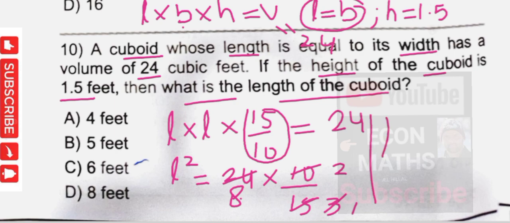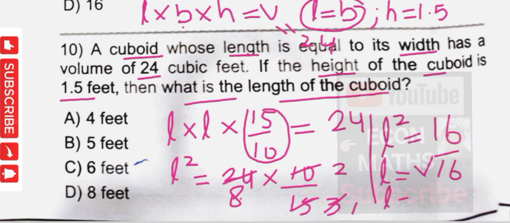So our L square is equal to 16, or our L is equal to under root of 16. We are taking the positive root here because length cannot be negative. So L is equal to 4. That means the length of the cuboid should be 4 feet.